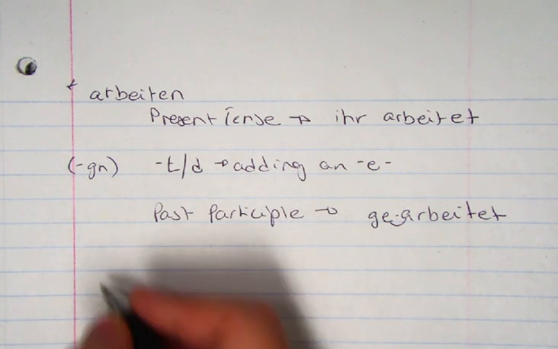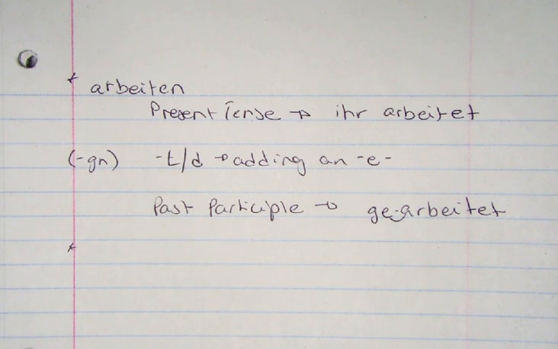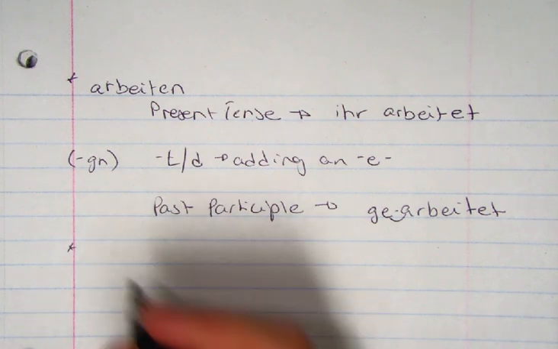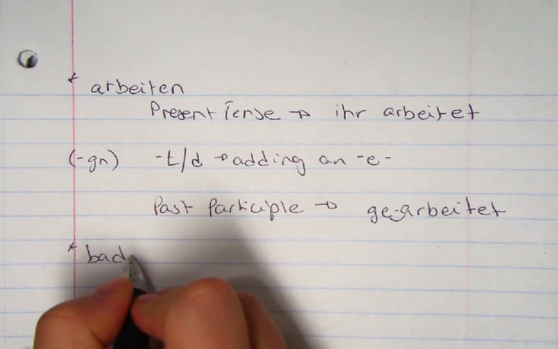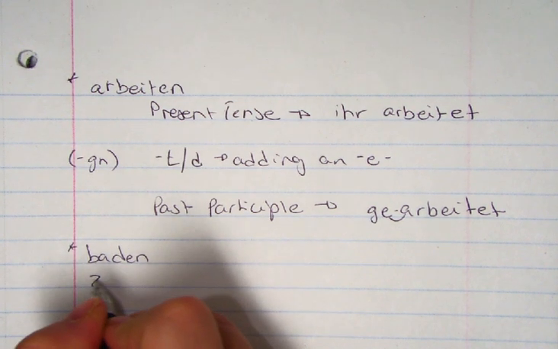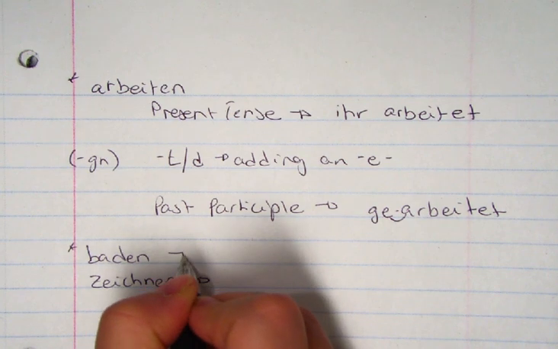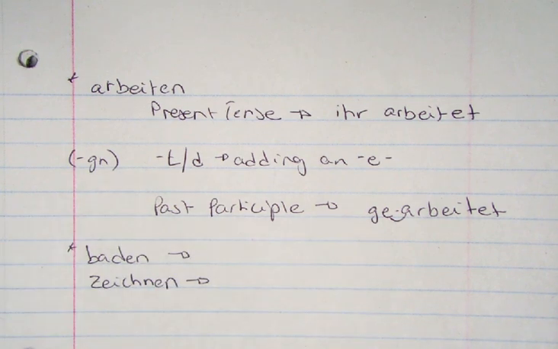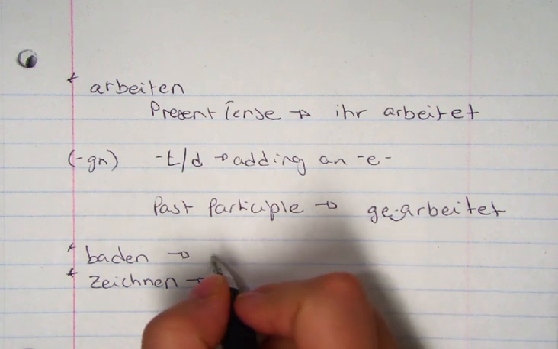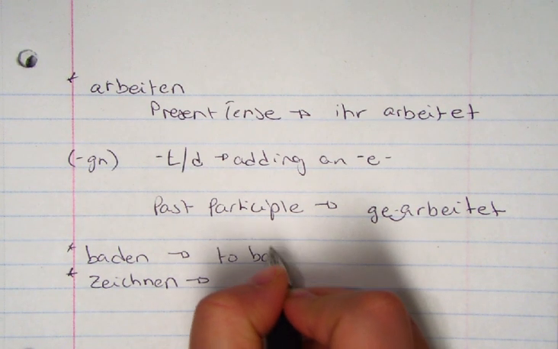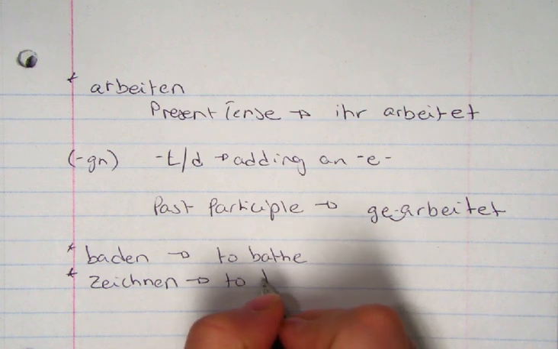There's another one that you guys are responsible for that is on your list in this vocab, or actually there's two more, and those are baden and zeichnen. Do you guys remember what these two verbs mean? So hopefully you remembered. This one was to bathe, and this one was to draw.